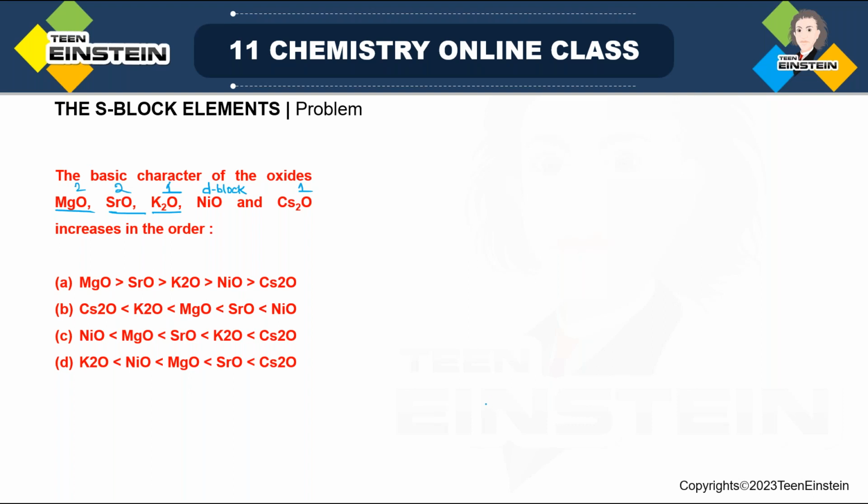Now look at the formula. All these are basically having O2 negative ion. Which is clear from the formula, because for Mg and Sr the formula is MO, right? When you have group 2, the formula is MO. But when with oxide it is group 1, the formula should be M2O, because now the metal has only a single positive charge.